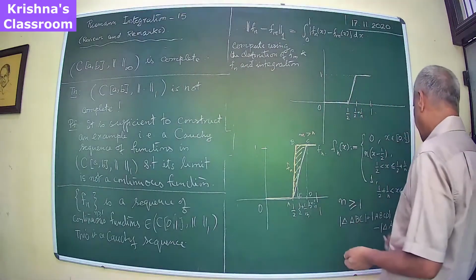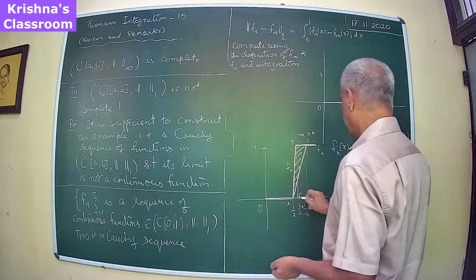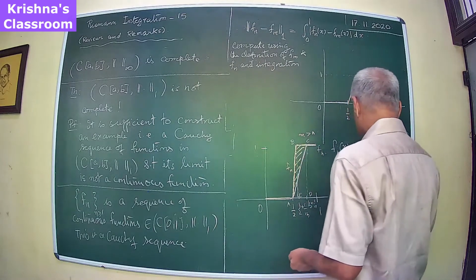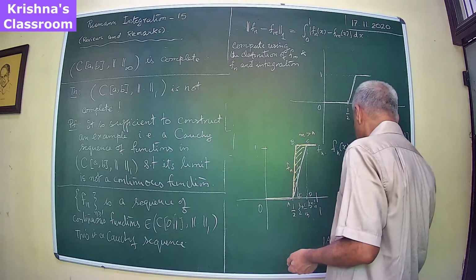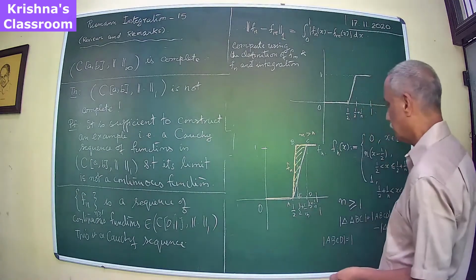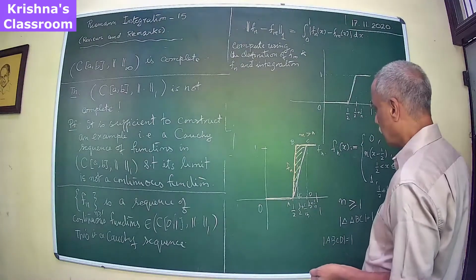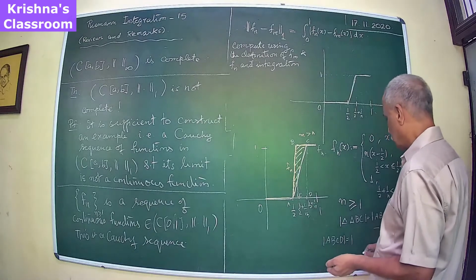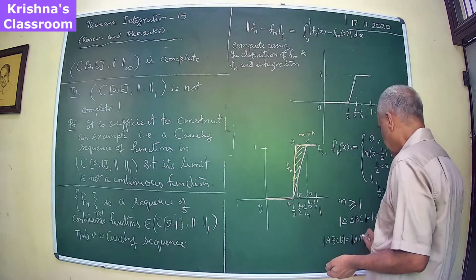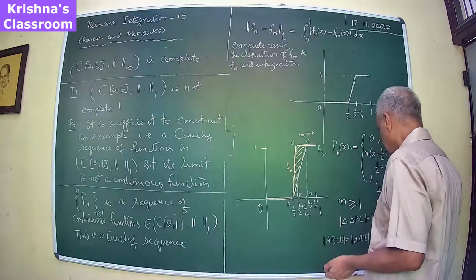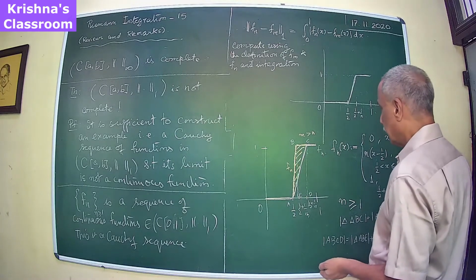Okay, and the area of ABCD, this region, is actually the sum of the area of the triangle ABD plus the area of the rectangle EBCD.